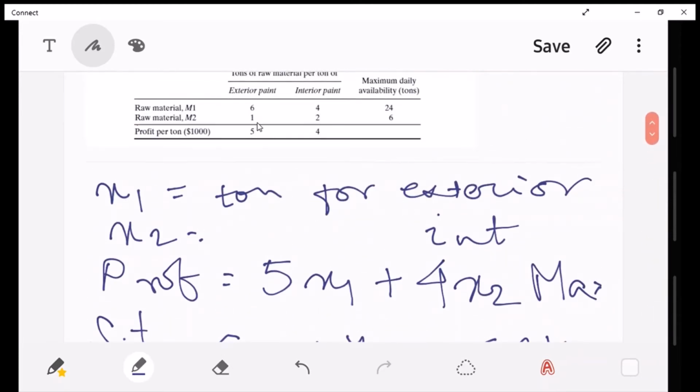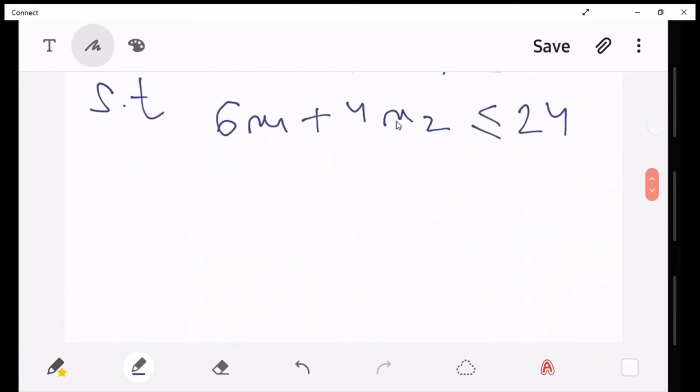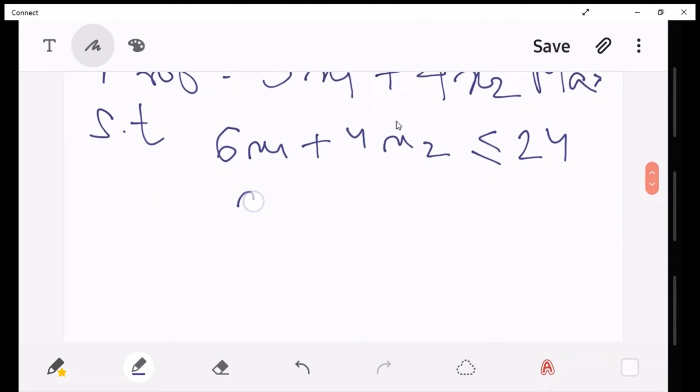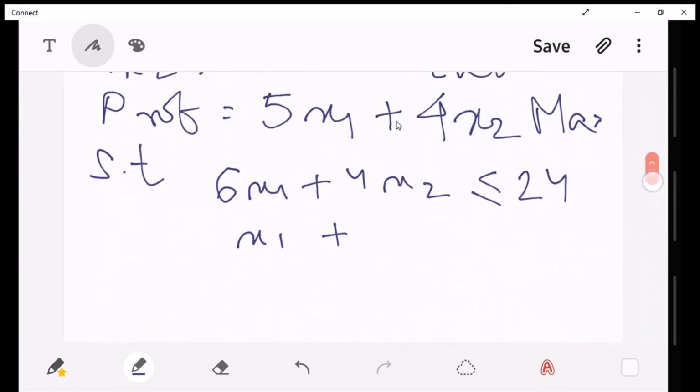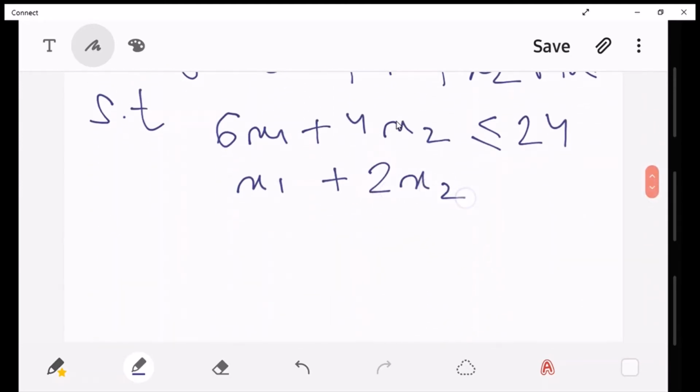Similarly, 1 into x1 plus 2 into x2 should be less than or equal to 6, because 6 is the maximum that we can use. So my second constraint is x1 plus 2x2 less than or equal to 6, and my third constraint is that interior paint cannot exceed exterior paint by more than 1.